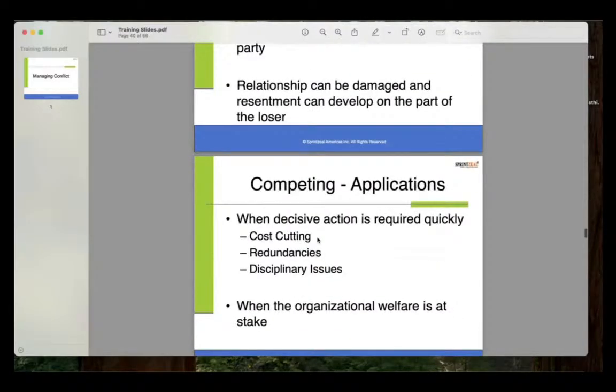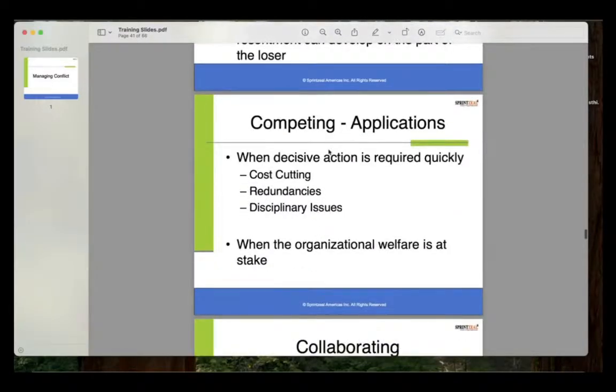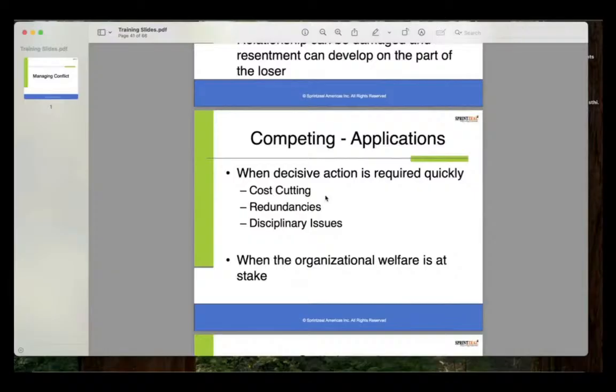Then applications of competing, if we see, when decisive action is required quickly: cost cutting, redundancies, disciplinary issues. So here a decisive action is required quickly in such scenarios.